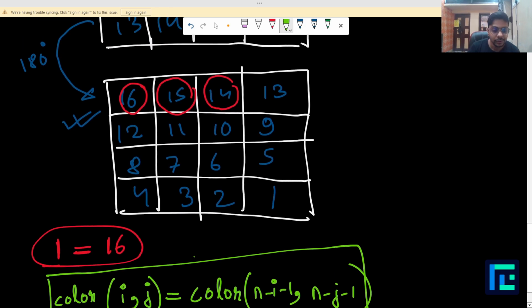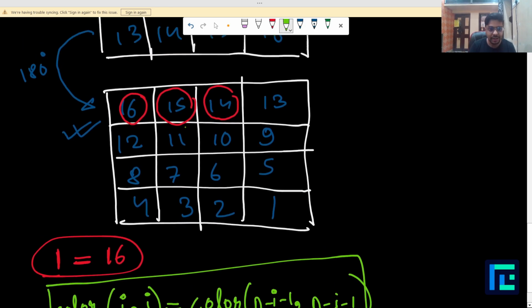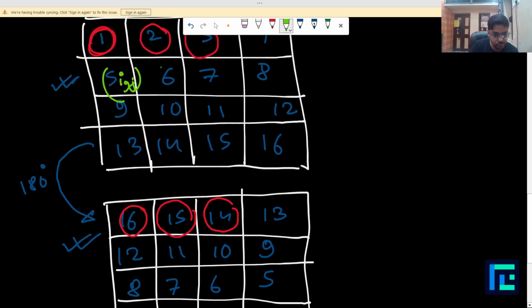Now just tell me, if I want the color of cell 2 to be equal to the color of cell 15 but they are not equal, then what operation will I do? In how many operations can I make the color of cell 2 and cell 15 equal? In just one operation, right? I can either change the color of cell 2 or change the color of cell 15.